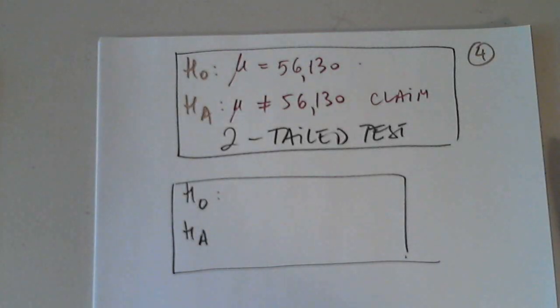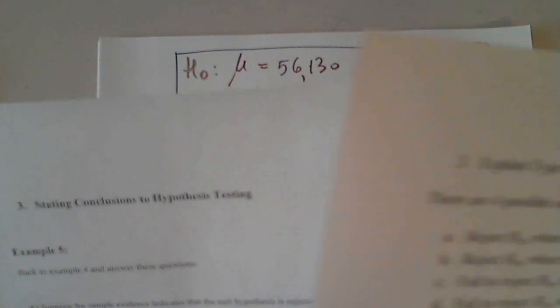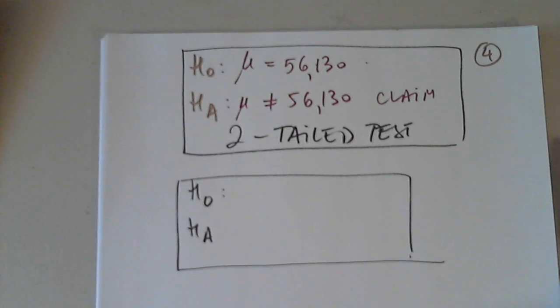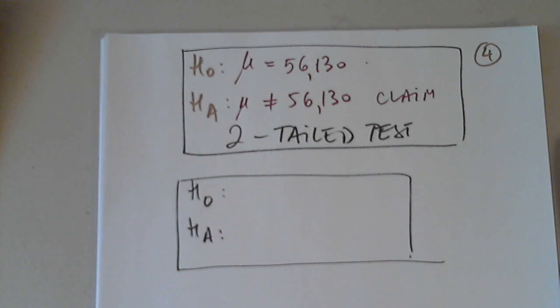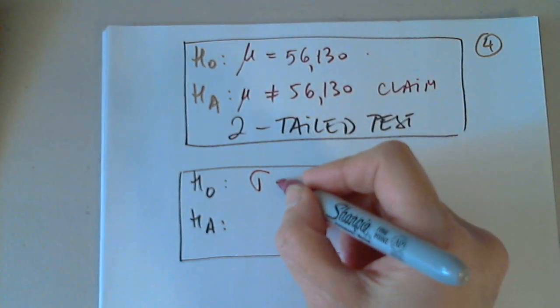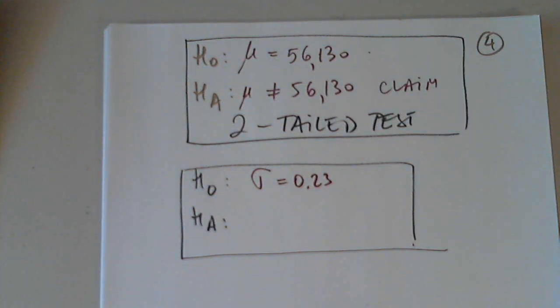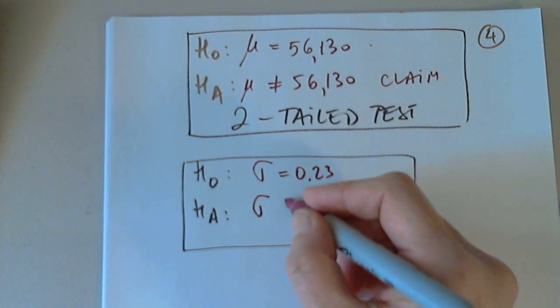The null hypothesis and the alternative hypothesis. Would that be H0: sigma equals 0.23? Very good. And then HA: sigma less than 0.23?